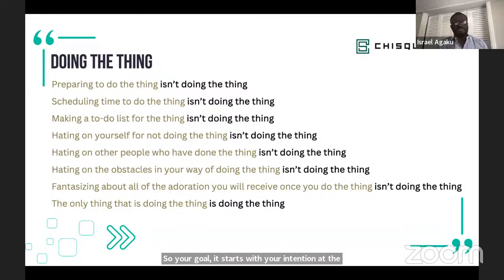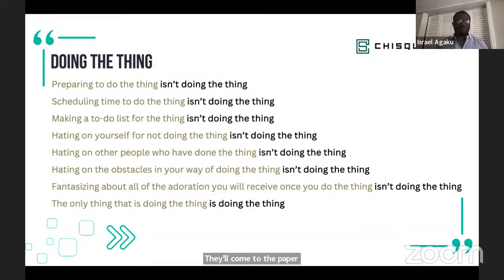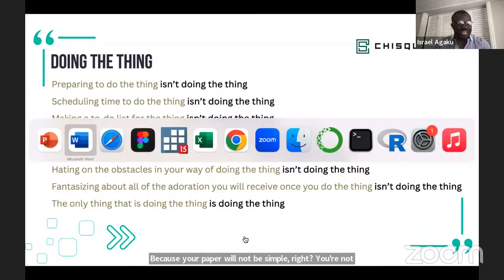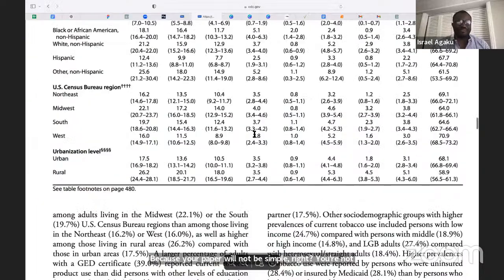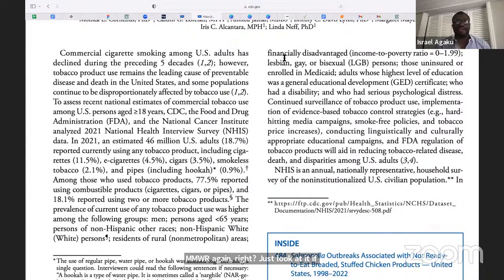Don't come to the paper with the intention of, oh, I'm going to show you guys that I'm a very sophisticated superstar. At that point, you know that we're in trouble, all of us, because your paper will not be simple, right? Look at the MMWR again. Just look at the style of writing. There's nothing in this paragraph that is remotely complicated.